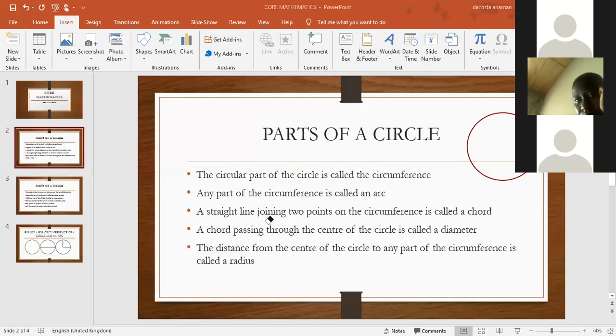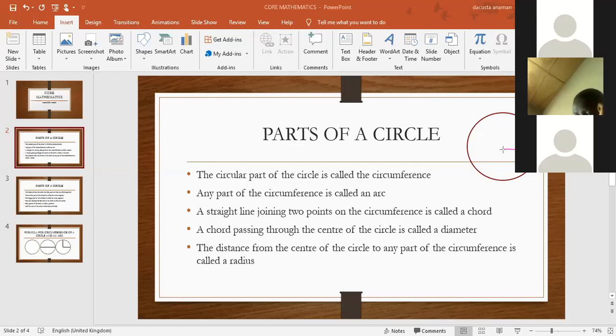Now, a straight line joining 2 points on the circumference is called a chord. But before that, any straight line moving from the center of the circle to any side of the circle is called a radius. I think I forgot to add that one. Any line that moves from the center of the circle to the circumference of the circle is called a radius. And a chord is a line joining 2 points on the circumference of the circle.